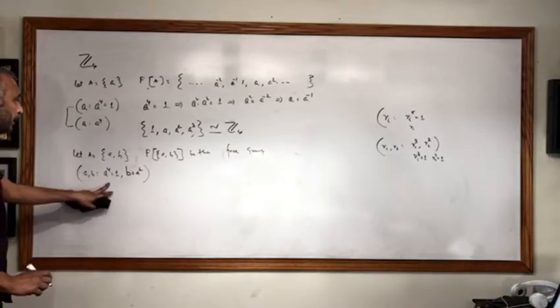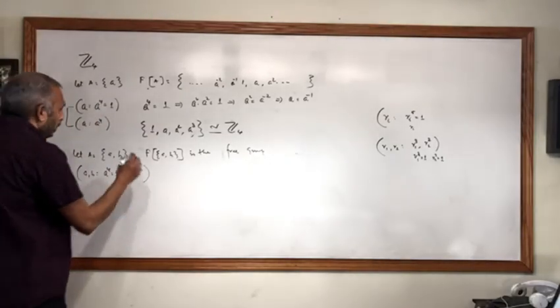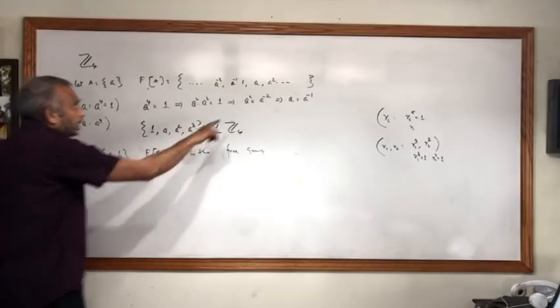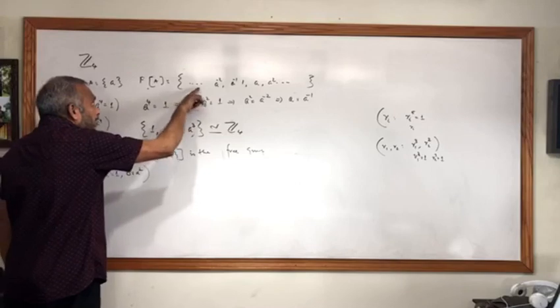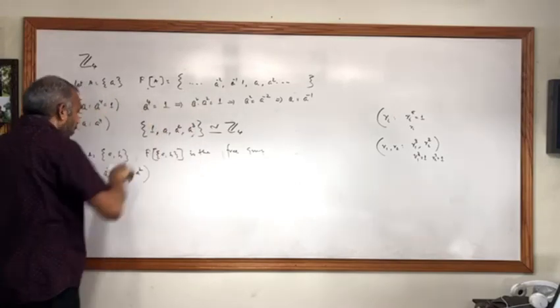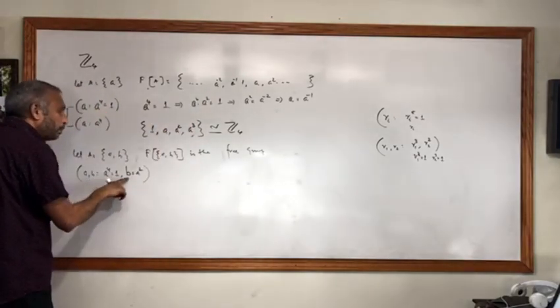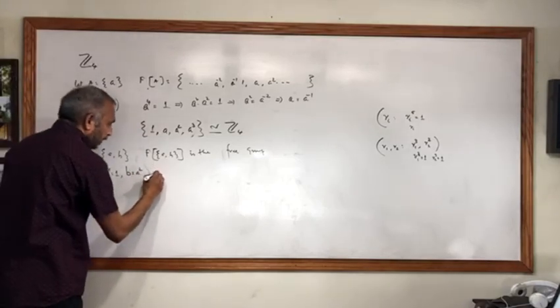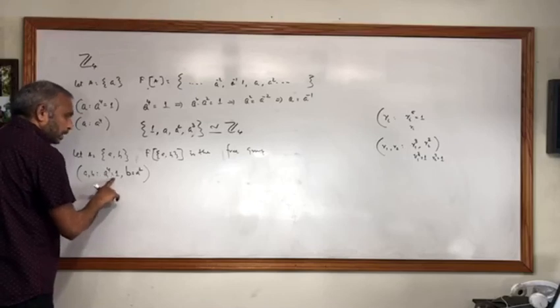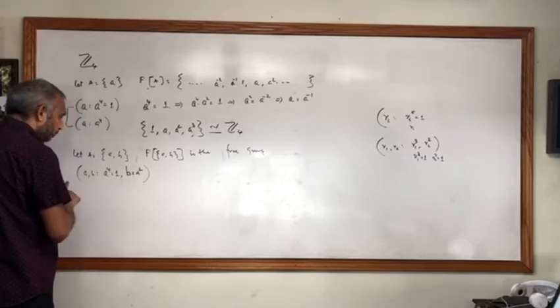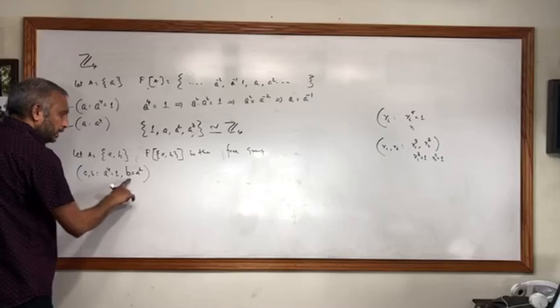What happens here? With the earlier argument, you don't have any negative exponents on A or B in F of this, in the free group. So you don't have A to the power of minus 1, A to the power of minus 2, etc. And B also is like that, because B is equal to A square.